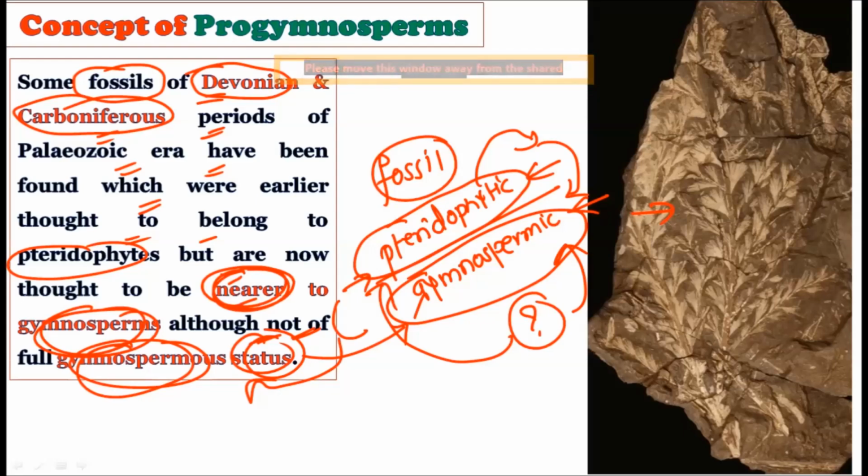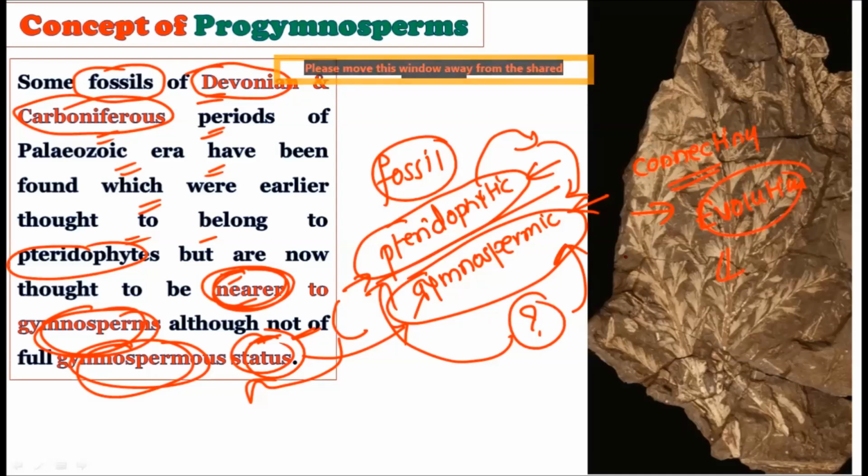These progymnosperms are neither pteridophytes nor complete gymnosperms, but just a connecting link between the gymnosperms and the pteridophytes. As you know, connecting links are always of critical importance, because they show the evolution of land plants. This group shows that the gymnosperms originated from the pteridophytes.